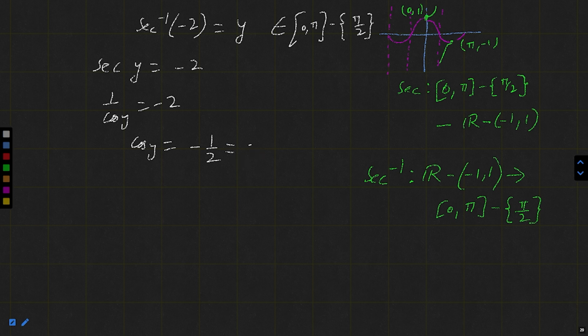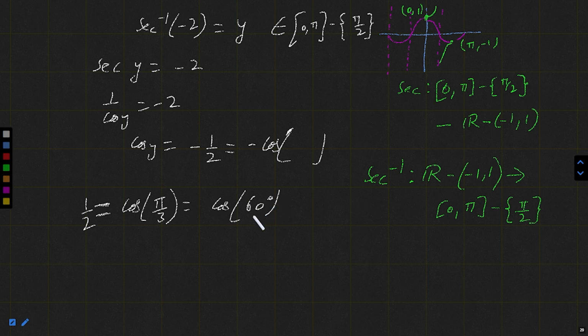And can you recall, as we did just before, that 1 by 2 is cos of pi by 3? This means cos 60 degrees, at pi by 3.